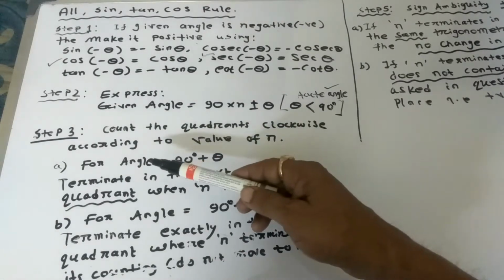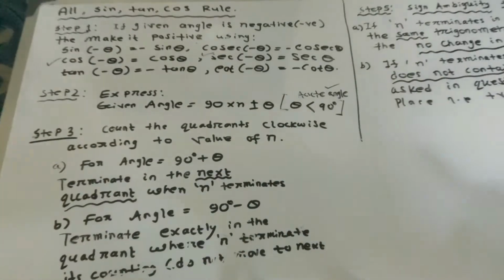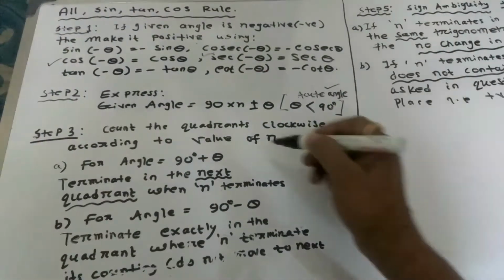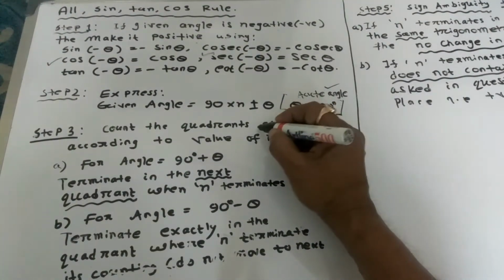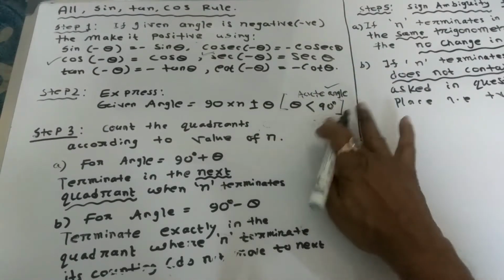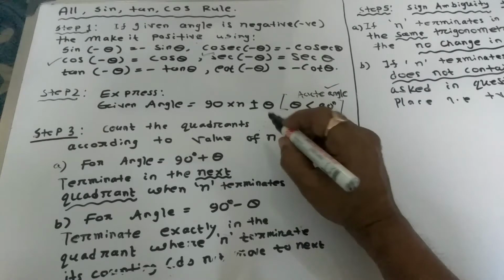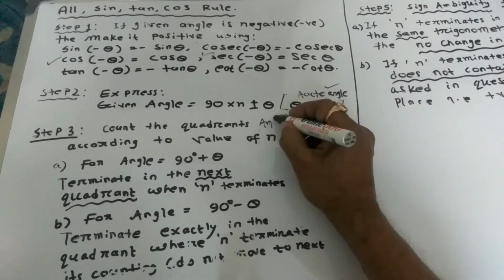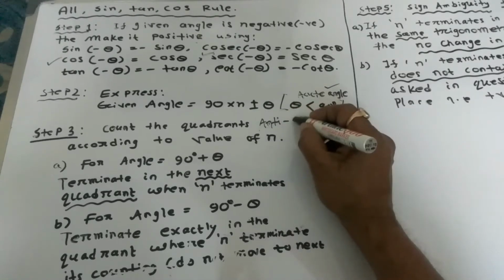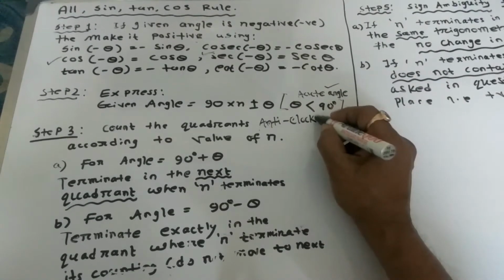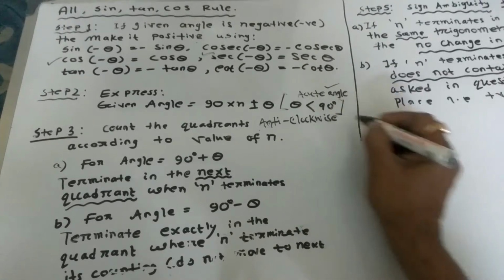You must count the quadrants in the anti-clockwise direction, not clockwise. Count the quadrants, all sin tan cos. I shall show you how to count when I give you the example, and then you can understand it.